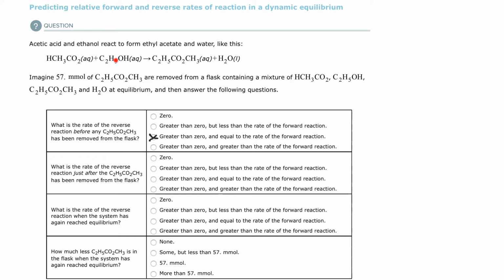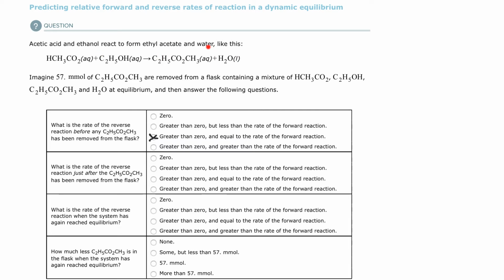So what's happening here right after? Well, it is greater than zero, but which one's going faster now? In order to make up, it's shifting to the right. That means the left side is moving faster temporarily than the right side. So the forward reaction is moving faster, the reverse reaction is moving slower temporarily.